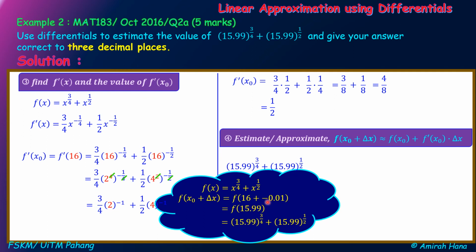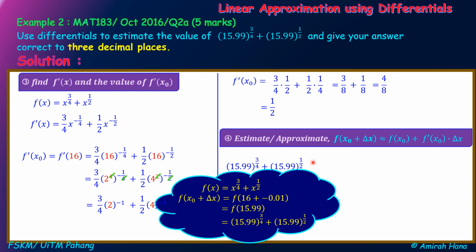f of 16 plus negative 0.01, which is f of 15.99. And then if f x equals x to the power of 3 over 4 plus x to the power of half, to find f of 15.99 equals 15.99 to the power of 3 over 4 plus 15.99 to the power of half, which is the given question.